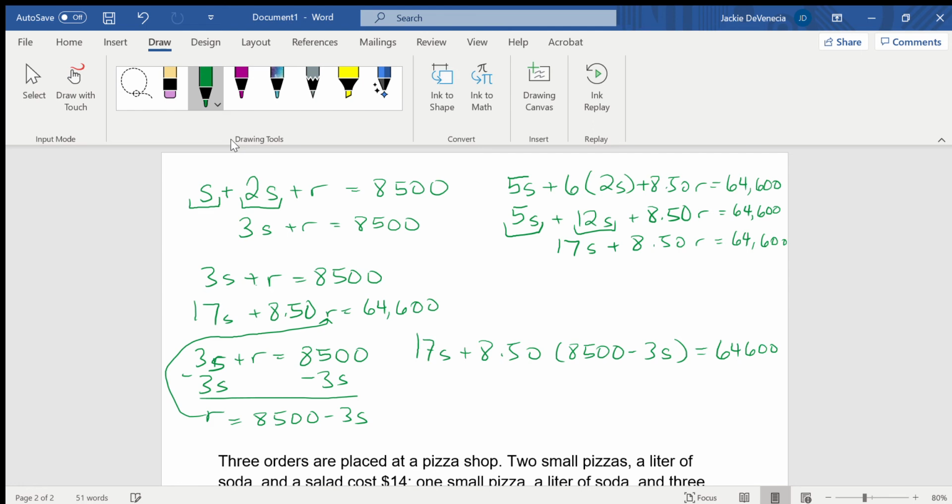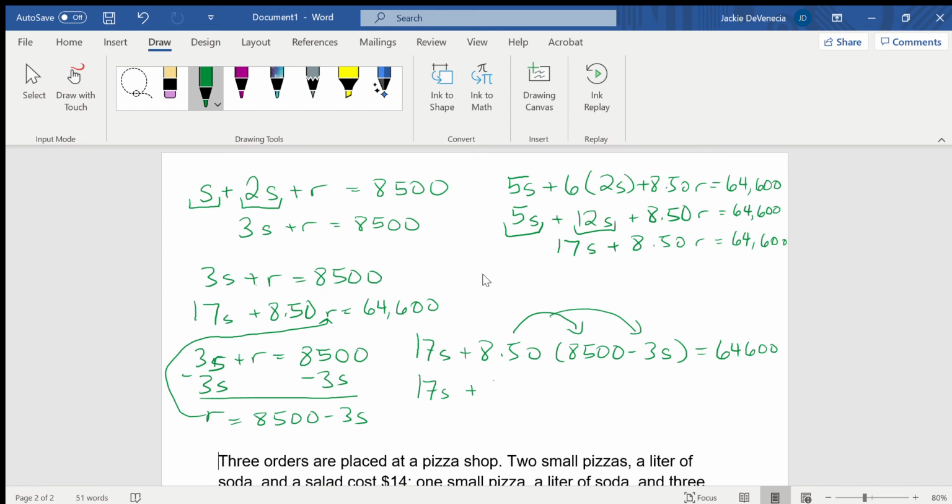And then here, in this case, I just want to go ahead and start distributing that 850. So remember, when you're distributing, you're actually using multiplication, right? So you're distributing here and there. So you have 17S plus 850 times 8,500.